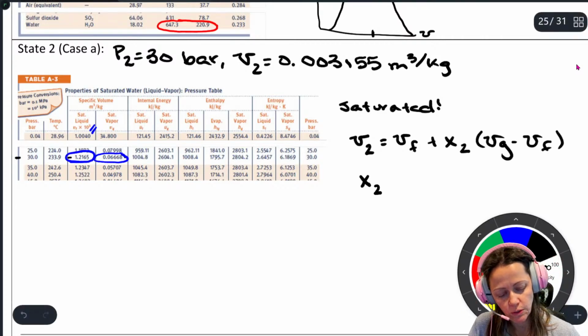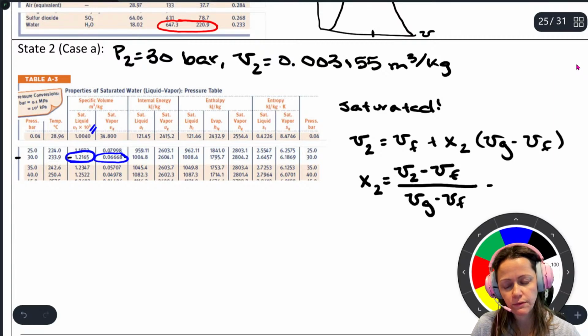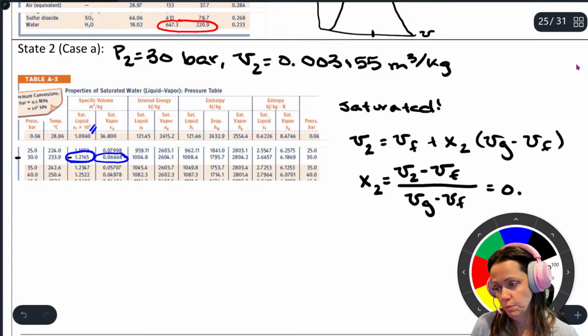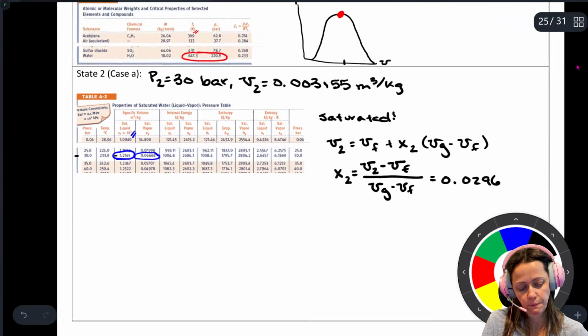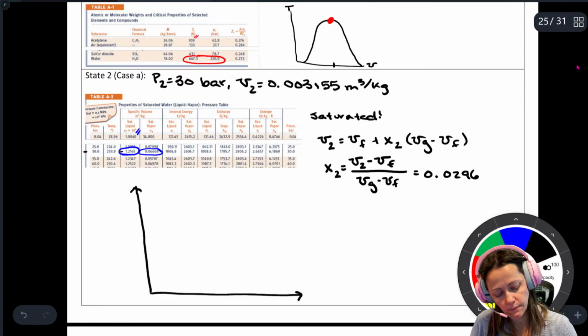And so all you're doing is rearranging this. So this is V2 minus your V sub F over V sub G minus V sub F. I've got 0.0296 for our quality.